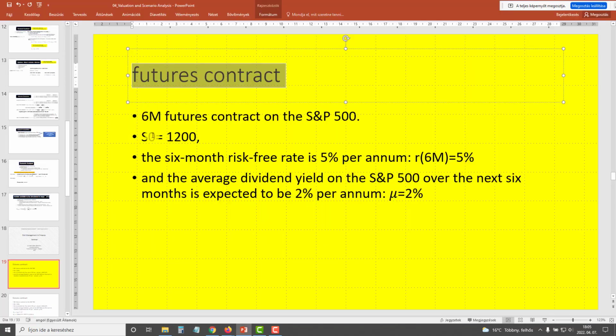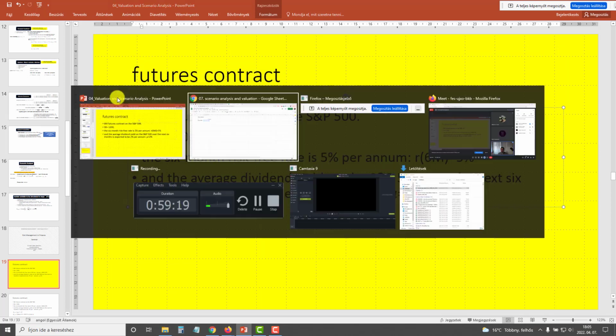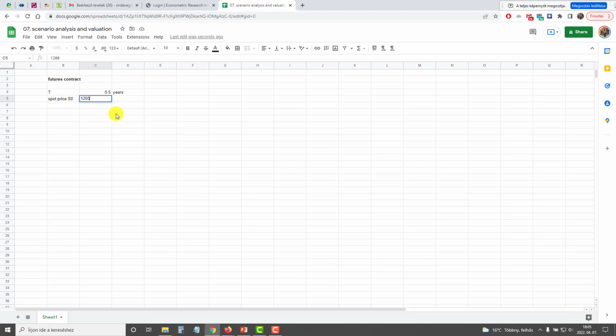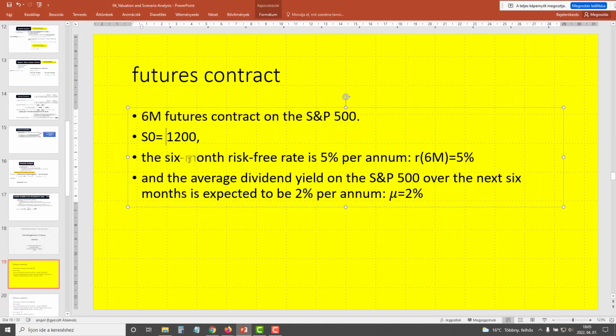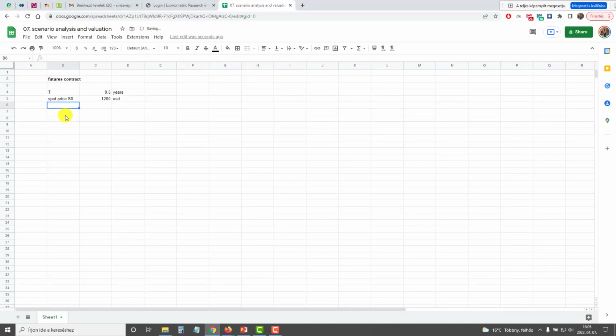I'm not using indices, we can understand that this is down here. It is 1,200, let's say US dollar. And also the 6 months risk-free rate is 5%, so R is 0.05.